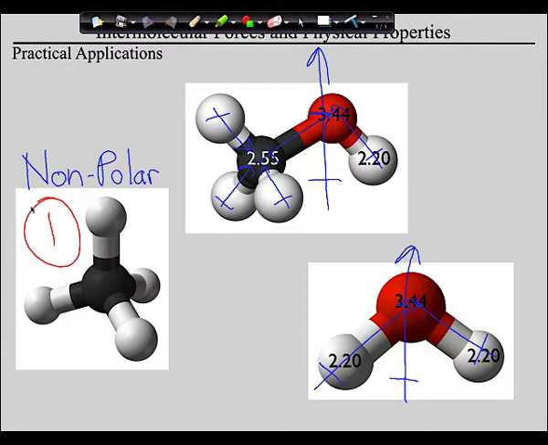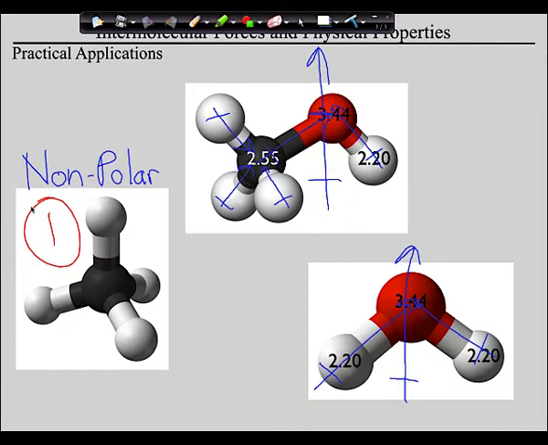We understand that this molecule is polar in this direction. So we can sort of say that the polarity is the result of this bond and this bond. And then this molecule is polar in this direction, and it is the polarity of these bonds. So the molecule that will be the most polar will be the one with the bonds that are the most polar. So now let's compare.